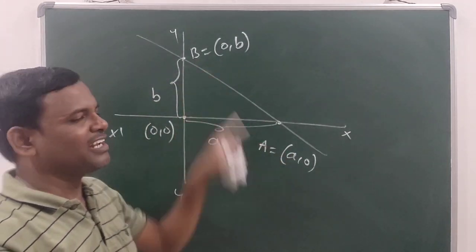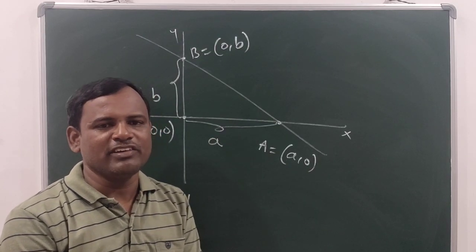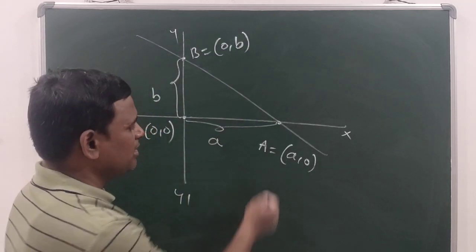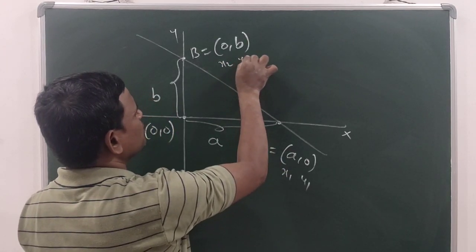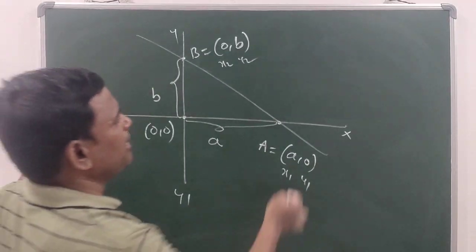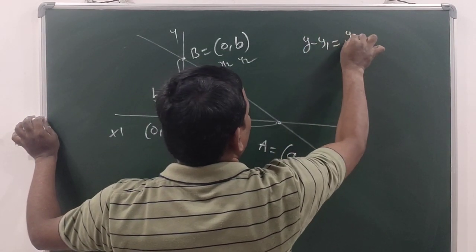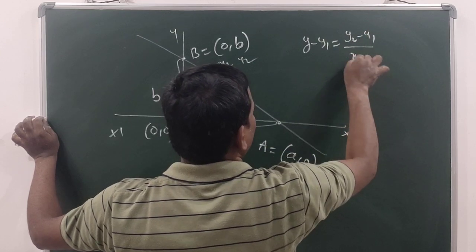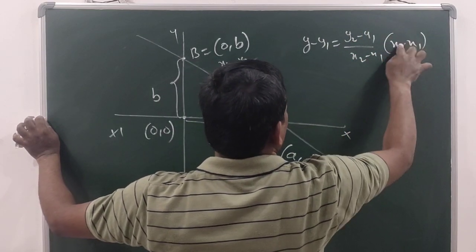When 2 points on the line are given, you know, you have the 2 points form of a line equation. Apply that formula. Consider A coordinates x1 comma y1, B coordinates x2 comma y2. Now apply the 2 points form: y minus y1 equal to y2 minus y1 by x2 minus x1 of x minus x1.